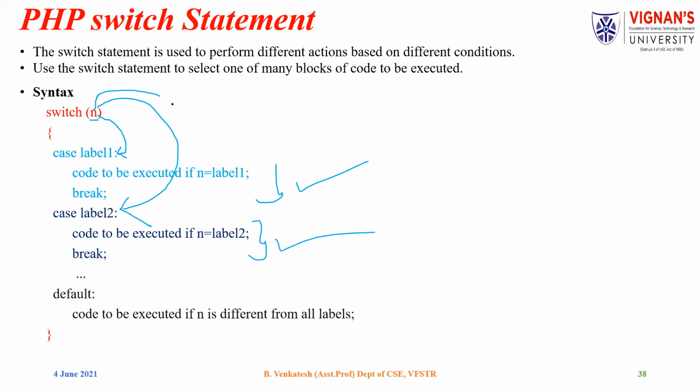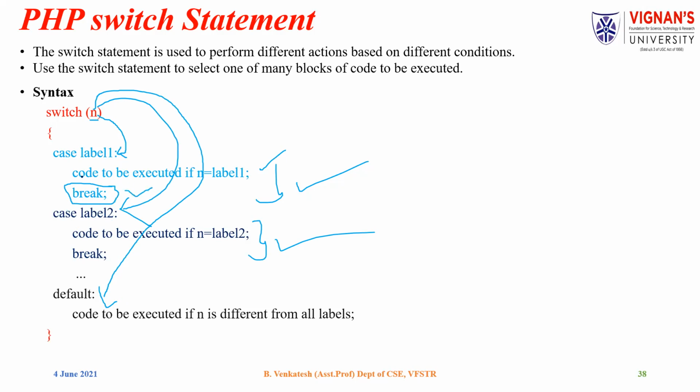If nothing matches, then default is executed. Suppose you miss the break here: after executing the matching case, whether the next one matches or not, it is going to be printed. That is the problem if you miss the break statement.